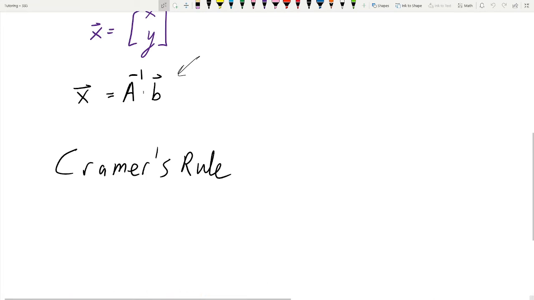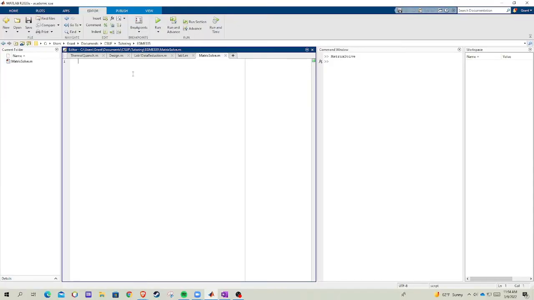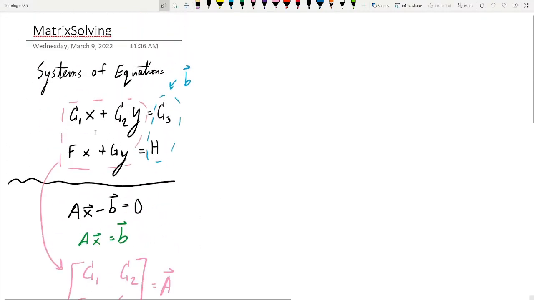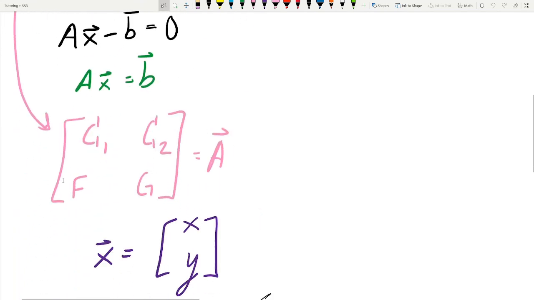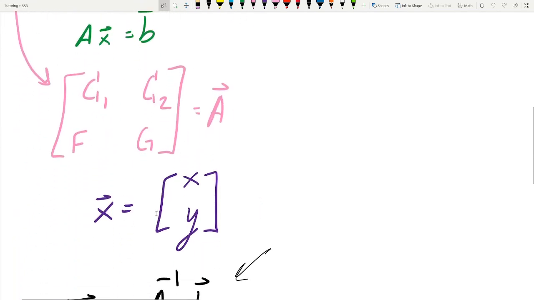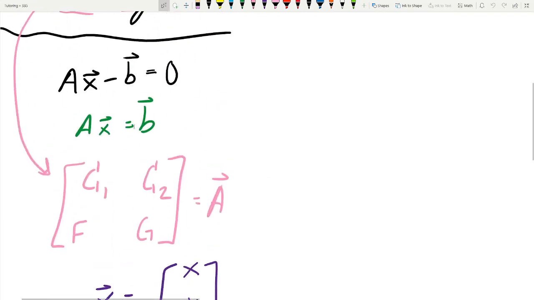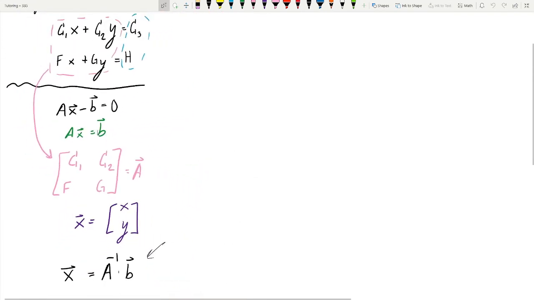Now, for MATLAB, how to do this. It's extremely simple to do. If we go back up and look over here, this is what we have for our system of equations. And we figured out what A is from this, what X is from this, and what B is.